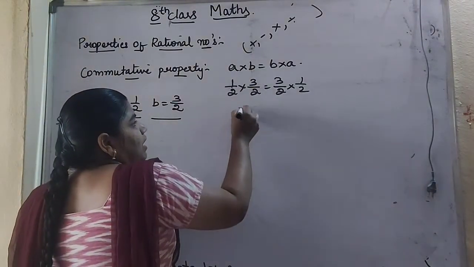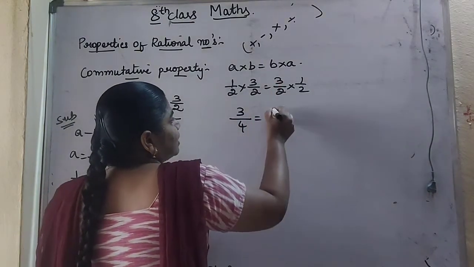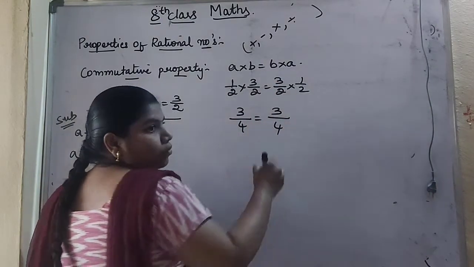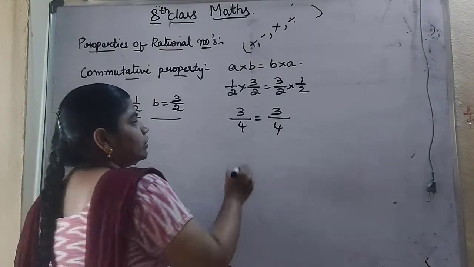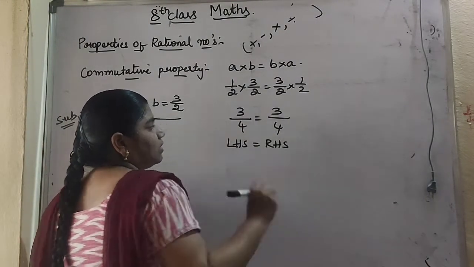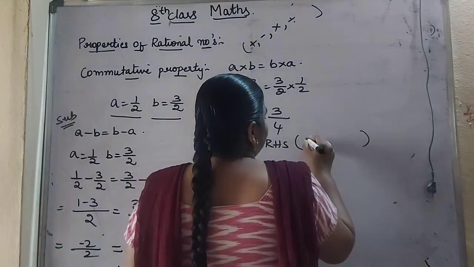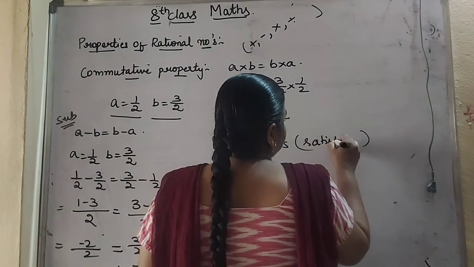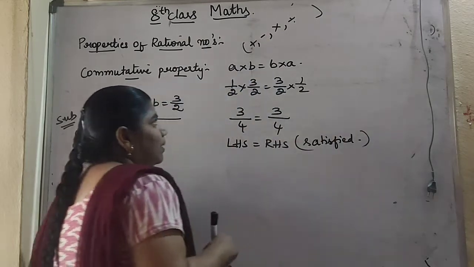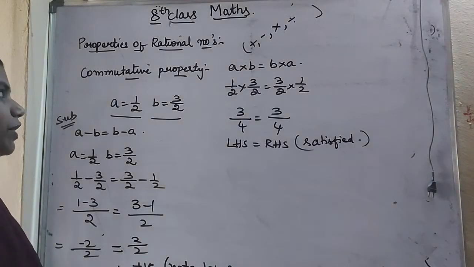That is 1 into 3 is 3, by 2 into 2 is 4, and 3 into 1 is 3, and 2 into 2 will be 4. So the LHS part and RHS part are equal here. Both the parts have the same result, 3 by 4, 3 by 4. So in this case it is satisfied. So under multiplication, the commutative property is satisfied, we can say.